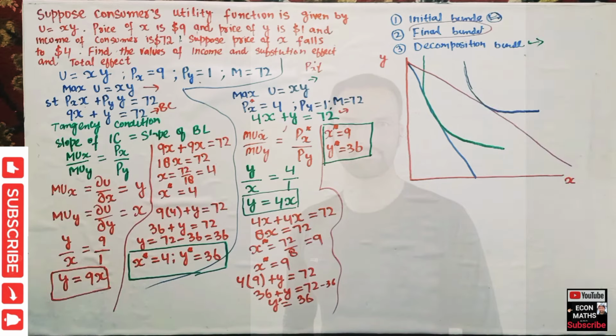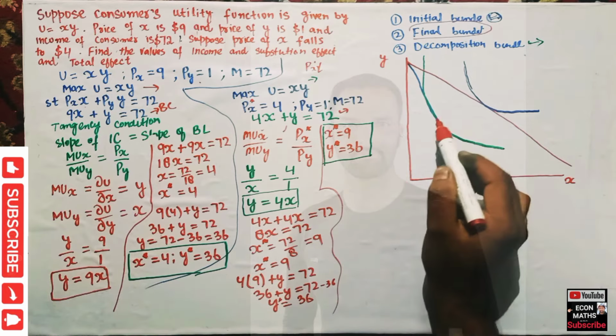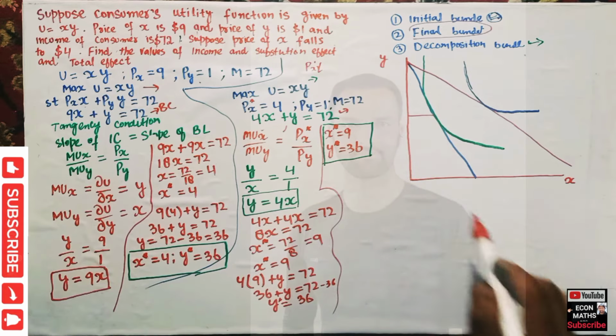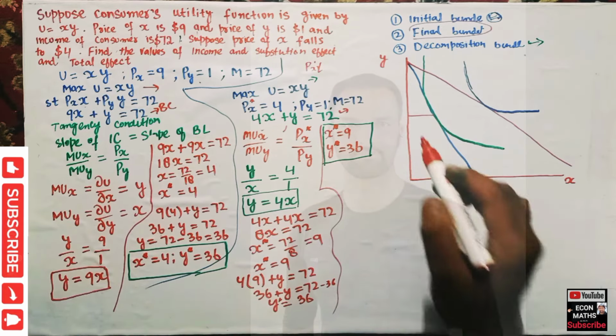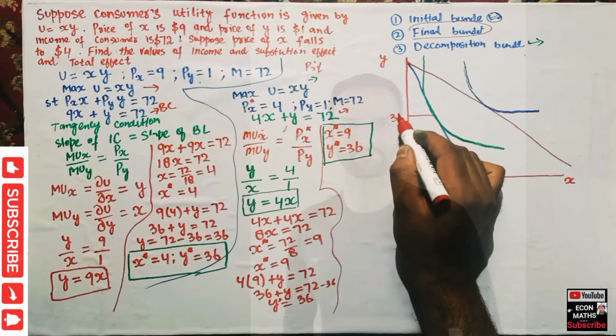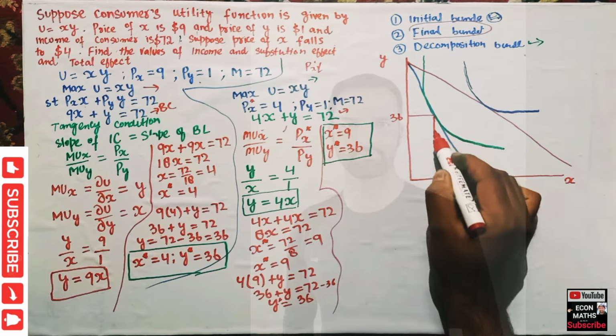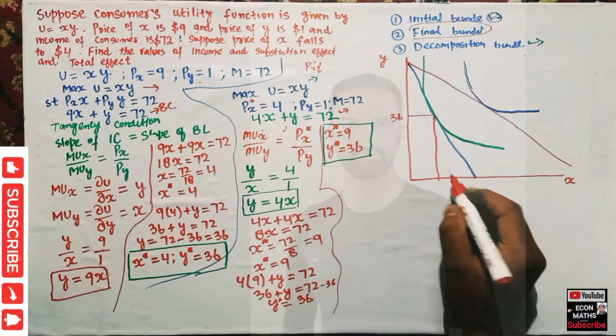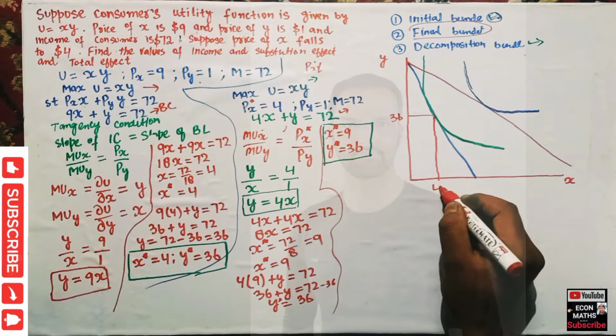Let us say this was our IC2. So if I try to make sense here, initially consumer was consuming 36 units of good Y and 4 units of good X.